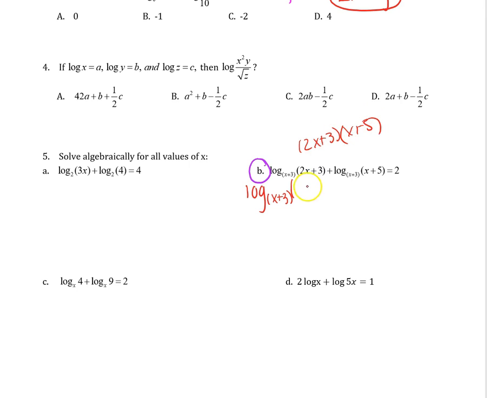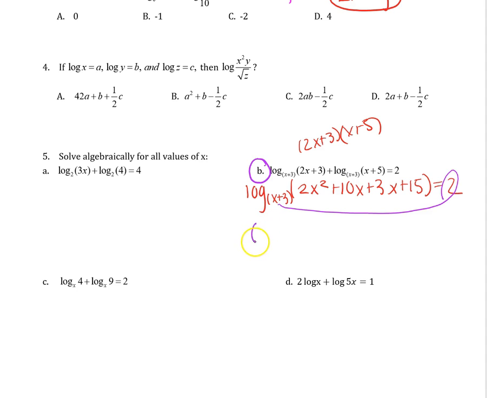So I've got 2x squared, 10x, 3x, and 15 is equal to 2. Okay, so now that I have the log, what I can do is lasso this to get rid of the log. So I can take the base, lasso the exponent.